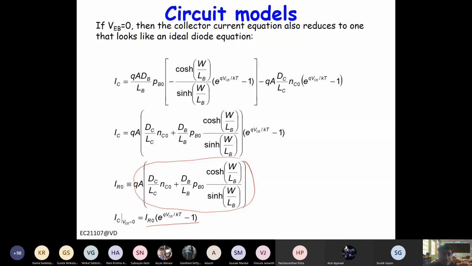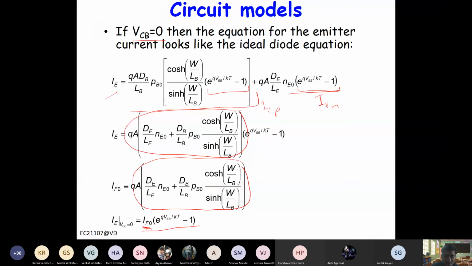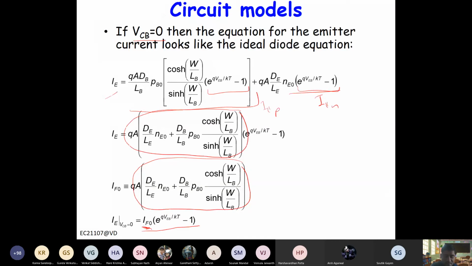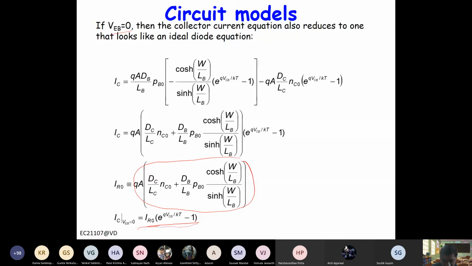Now with these two equations, in one case VCB is 0, in the other case VEB is 0, right? So we have these two expressions. Now we can use this expression for a general case. So if VCB is not 0, then you will have IF naught times exponential QVEB by KT minus 1, plus the term due to VCB, right? And that is IR naught, right?